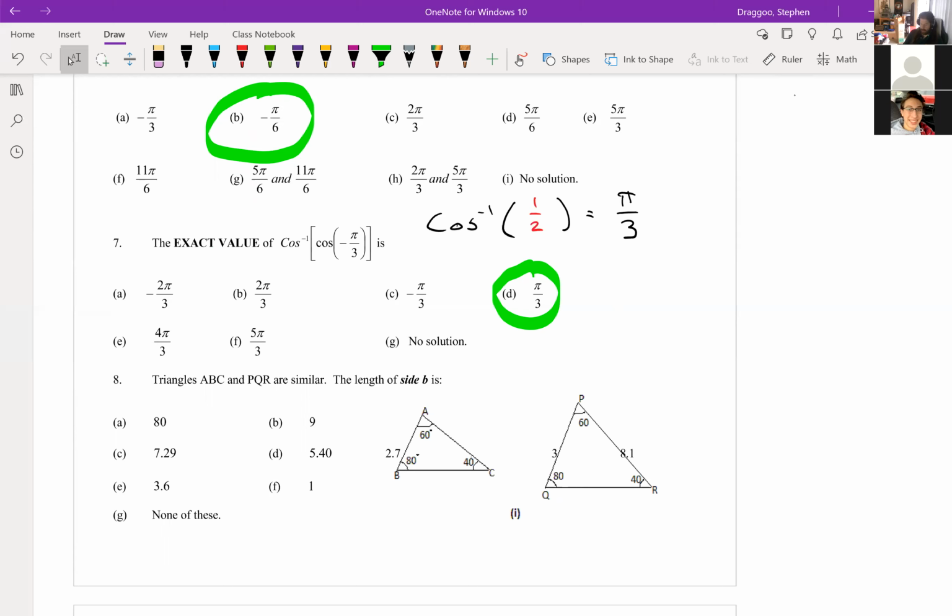So find the length of side B, where side B must be this side, because it's opposite angle B. So if we set up our ratio over here, B over 2.7 is equal to 8.1 over 3, meaning that B is equal to 2.7 times 8.1 over 3, which is going to be equal to 7.29.